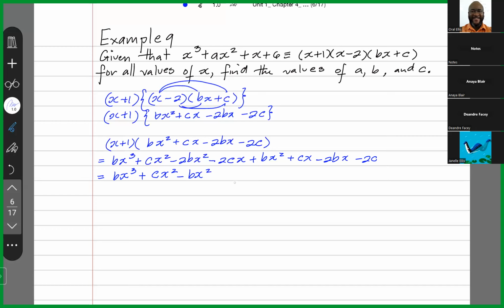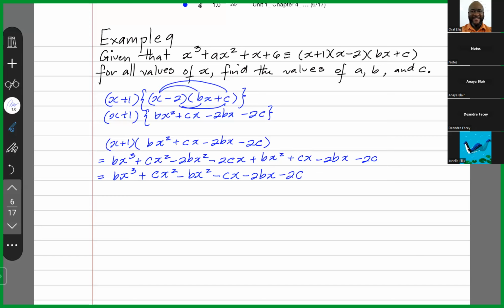Let's get the terms in x. We have minus 2cx and we have plus 2cx. So this is minus cx. We have minus 2bx. And I think lastly, we have a constant term, which is minus 2c.